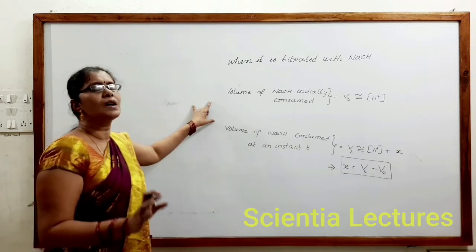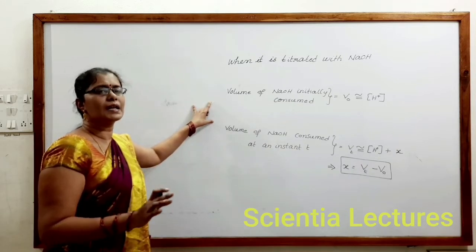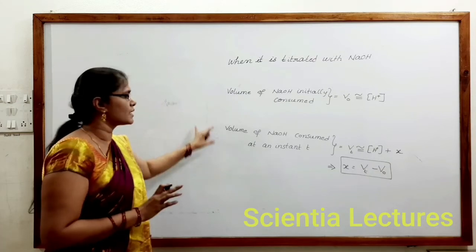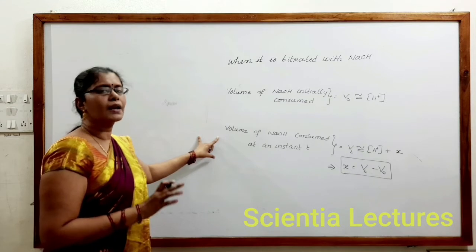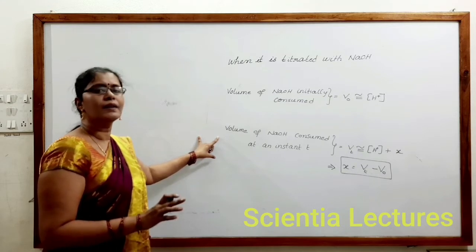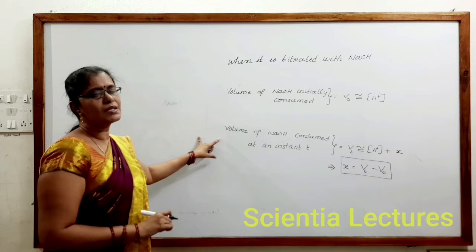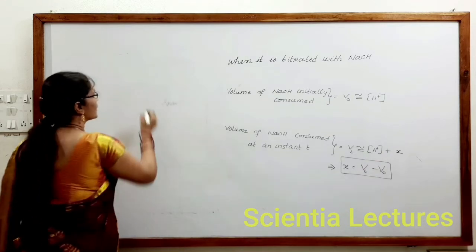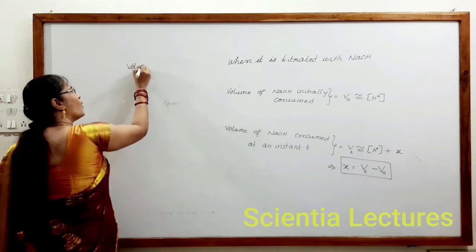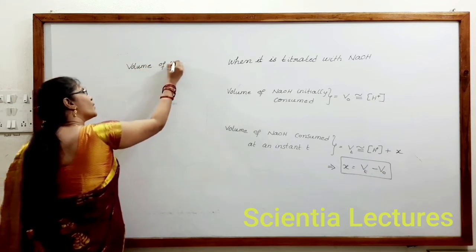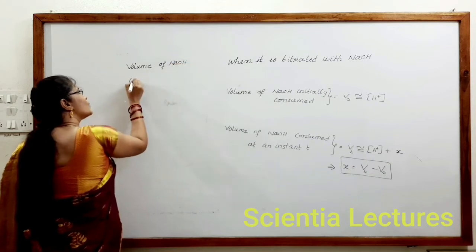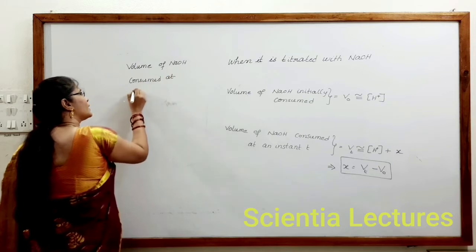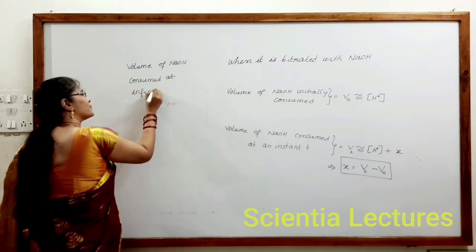The information given is the volume of NaOH initially consumed when it is treated with the acidic ester hydrolysis solution, and the volume of NaOH consumed at an instant T. Now the next information given is the volume of NaOH consumed at infinite time.